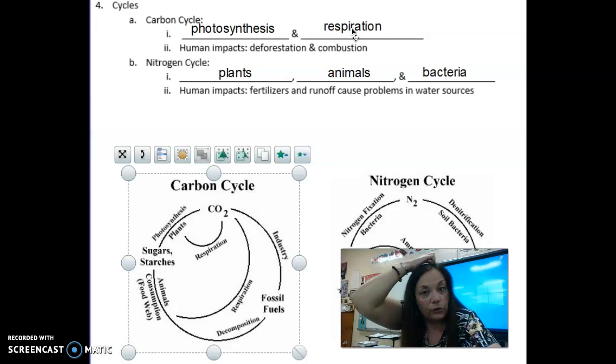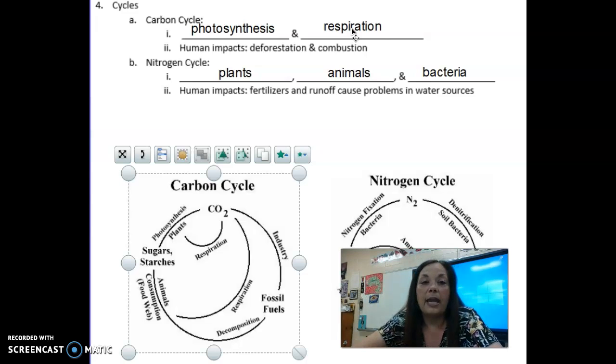So in the picture, you're going to see some plants and you're going to see some animals. Okay, and that cycle was pretty steady until humans realized we can burn fossil fuels. So how that throws the cycle off is it puts more and more carbon dioxide into the air, which increases global warming. Okay, and it also increases acid rain and things like that.